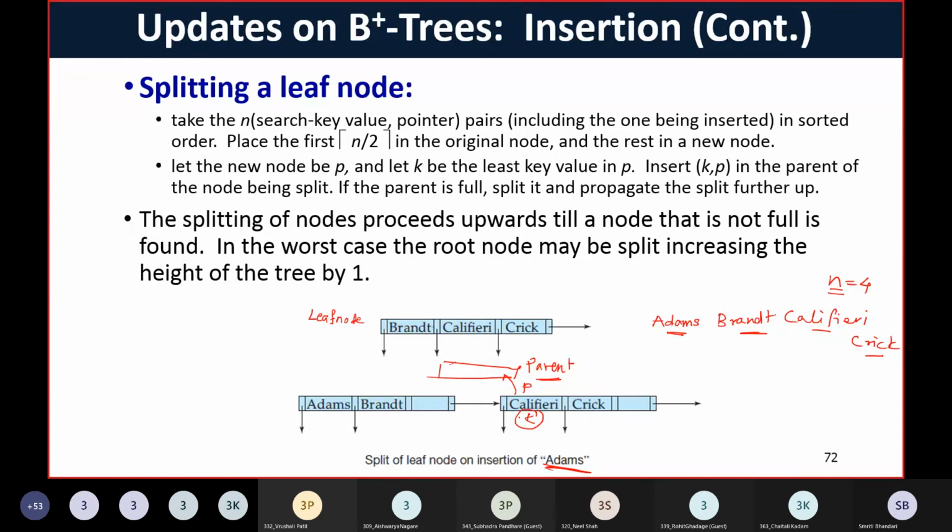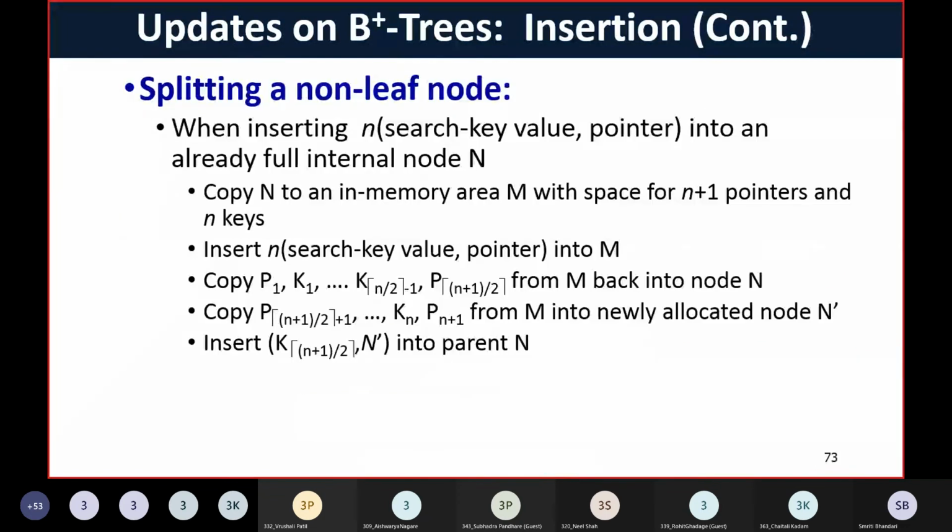After splitting a leaf node, the search key value along with the pointer of the new node needs to be stored in its parent. If there is space in the parent node, then there will not be any problem. But if the parent is also full, then we need to split that parent also. Now, this parent is obviously the internal node.